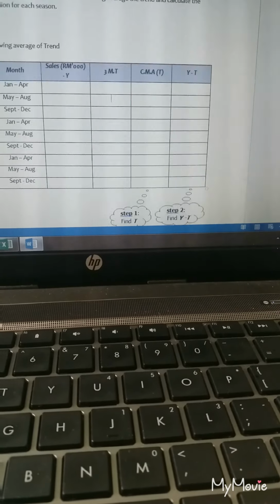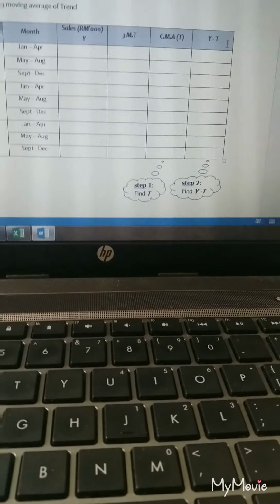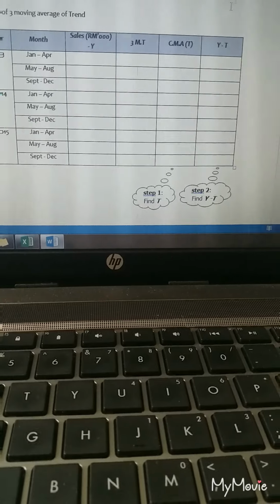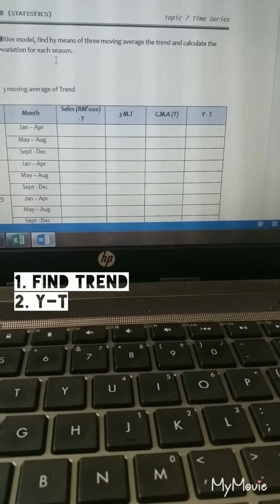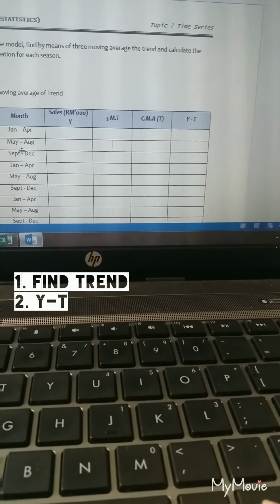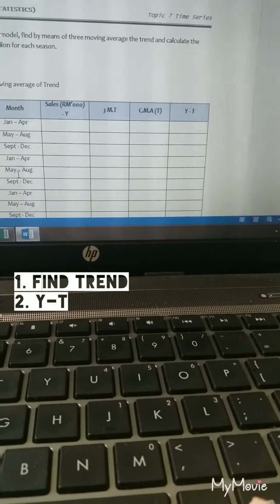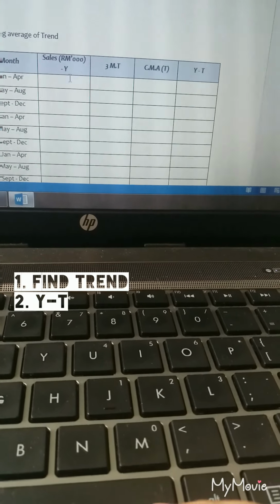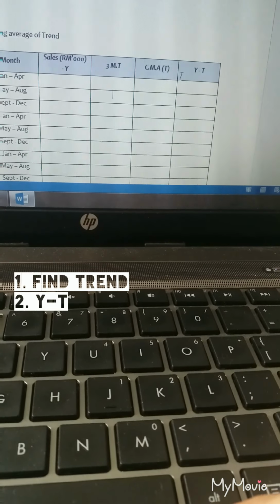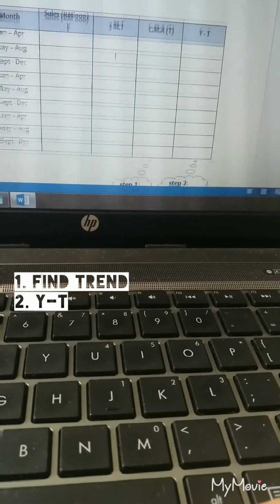One extra column that we have now is the y minus t column. This is something new, and the purpose is to calculate the seasonal variation for the seasons. We have 3 different seasons over here, and we would like to find out the seasonal variation for each season. In order to do that, we take the difference between the original data and the trend value, so y minus t. It can either be a positive or negative value.